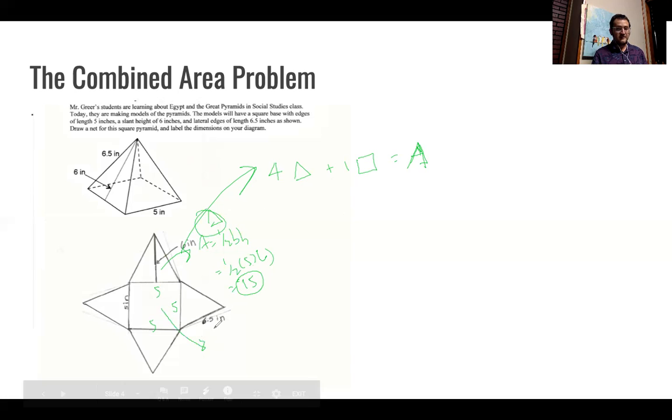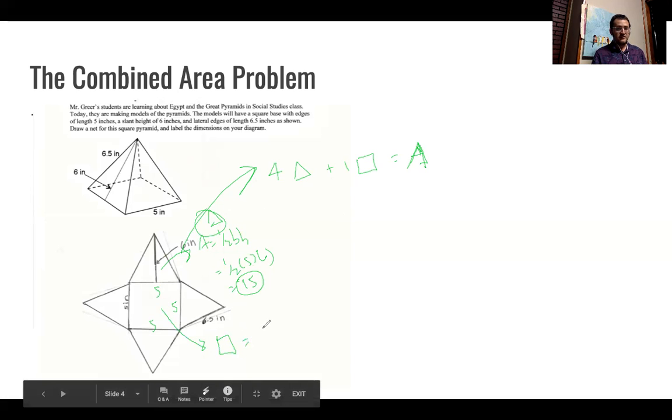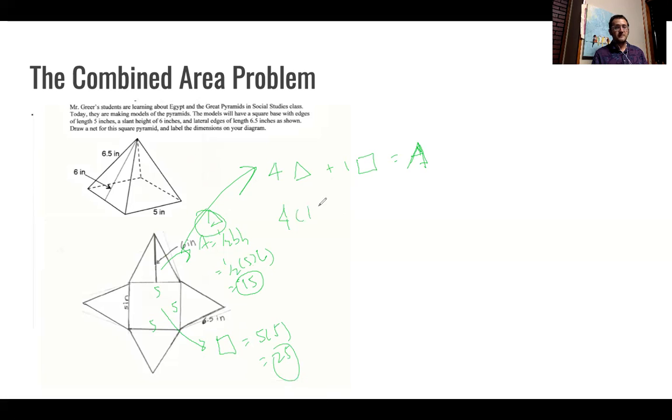And then the square area would just be 5 times 5, total of 25. And then I just put it back into my formula. So I have 4 times 15 for the area of a triangle, and then 1 times the area of a square.